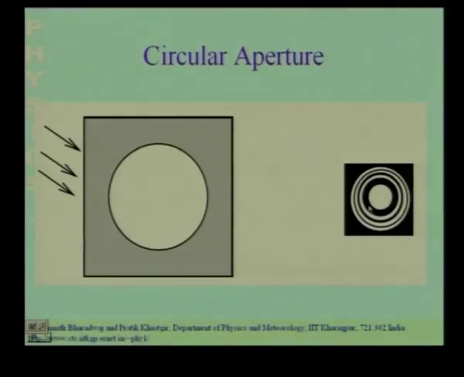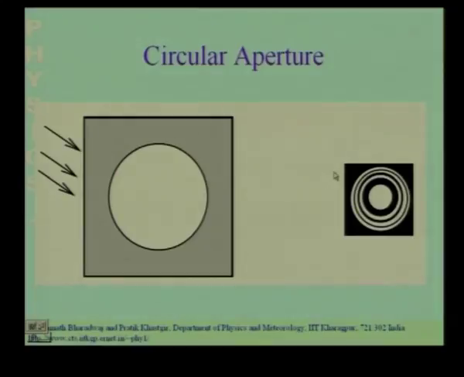You would have an extended bright spot at the center, and then you would have a dark circular fringe around it, and then you would have the second maxima, which in this case is again circular because of the circular symmetry of the aperture, and then again another dark line and another circular fringe. The first central spot is bright, and the intensity of these higher order circular rings slowly diminishes, and beyond a certain level you would not be able to see it.